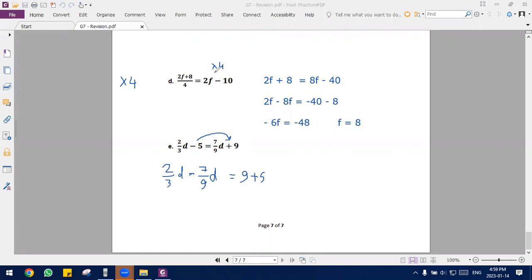Now, here I cannot simplify them because the denominators are not equal. So I need to multiply this fraction by 3, to make them have the same denominator so I can simplify them.